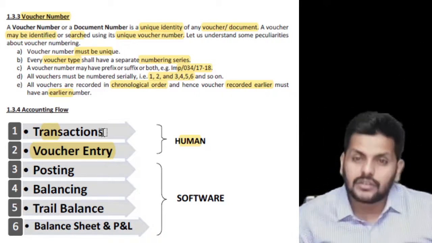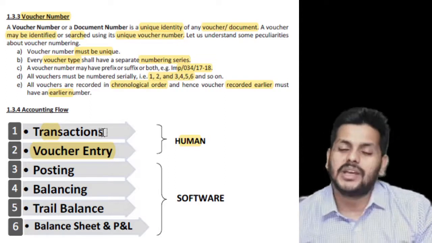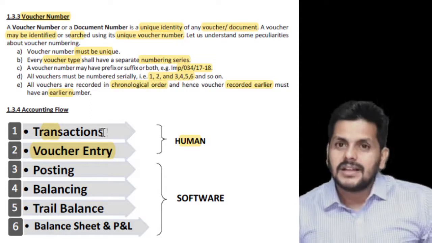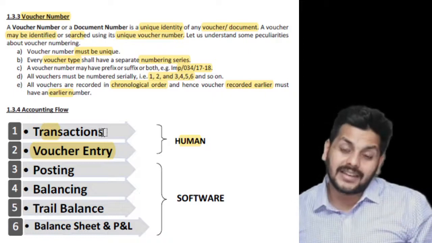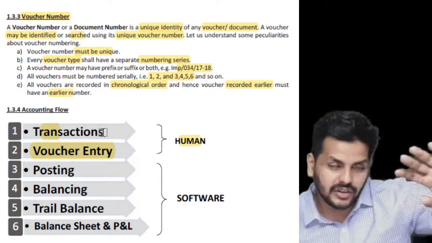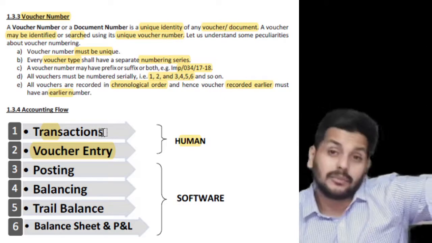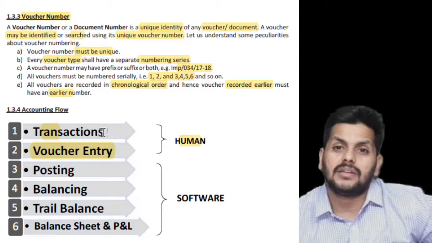So two parts to this flow, the accounting flow. Now I'm not talking about whether you know the accounting flow or not. Some of you might be studying commerce from 11th standard, so ever since then you have been seeing it. Some of you might have come from a different stream, but some of you might even see it from 11th. So for a long time we have been seeing what the accounting flow is.